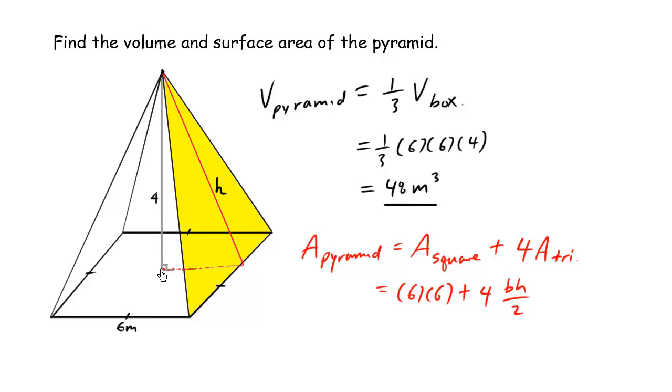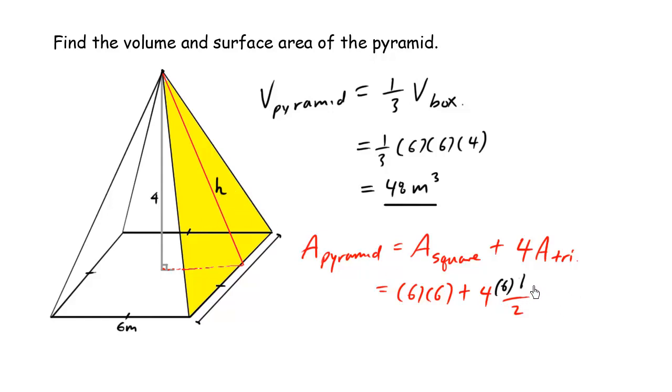Now the base, not the base here, but the base of the triangle is from here to here, which happens to be 6. So the base here is going to be 6. And the height here, the h value, has to be computed.